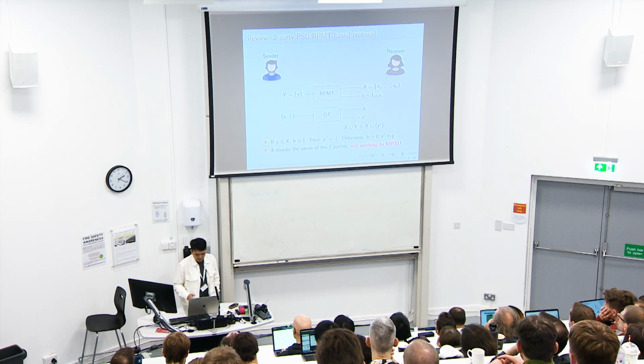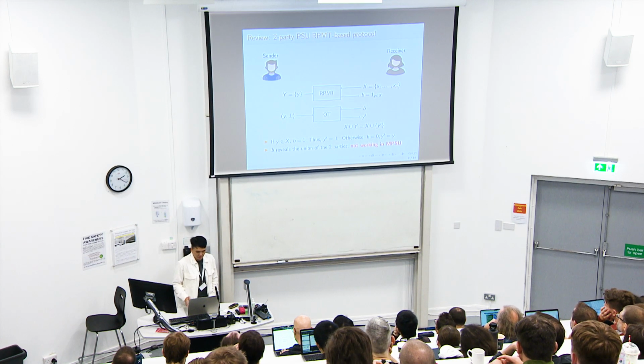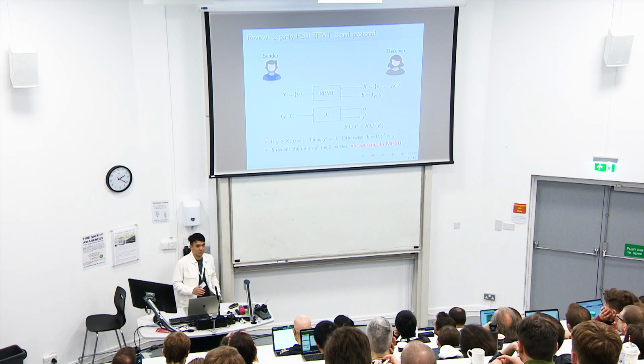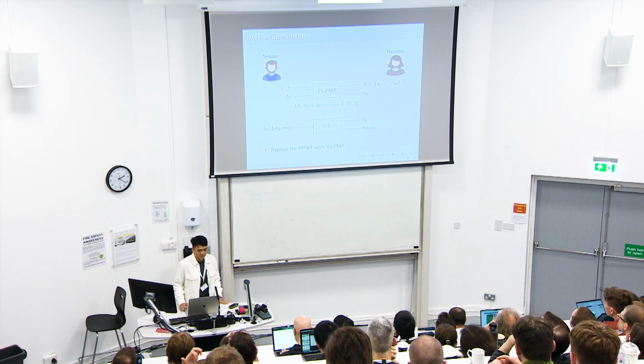This bit revelation B will actually reveal additional information. But it's okay in terms of two-party PSU because at the end you will learn such information from the result. But it's not okay in MPSU because you have to hide the partial result between the 2 parties. So we solve the problem by using secret sharing.